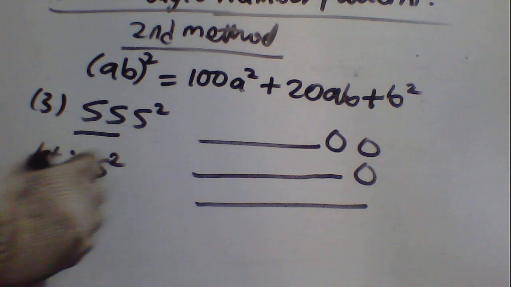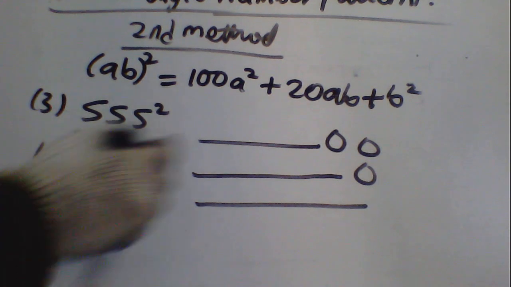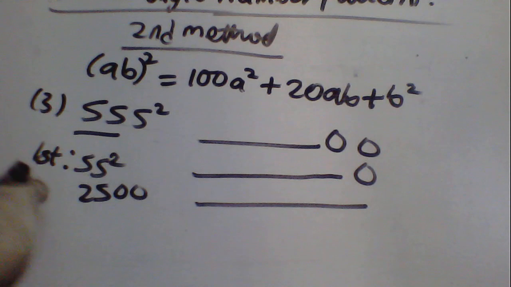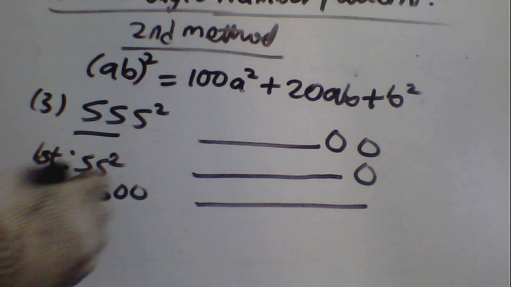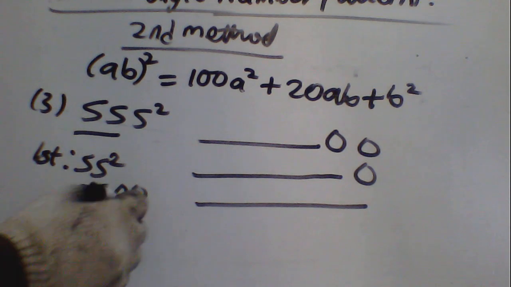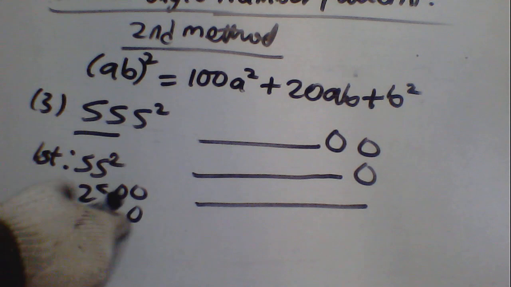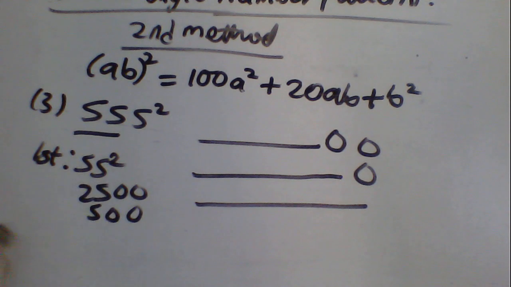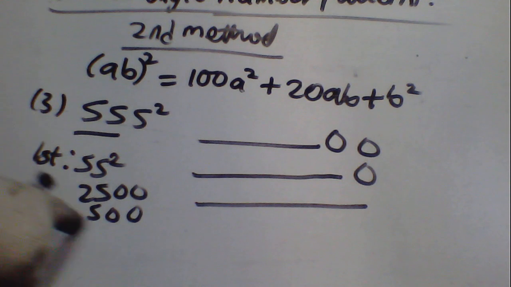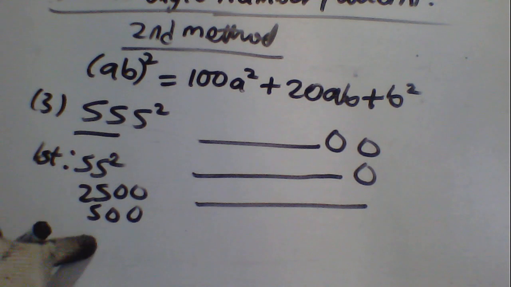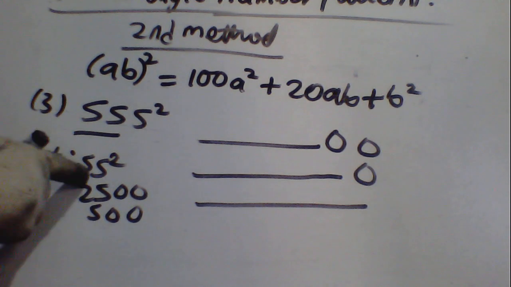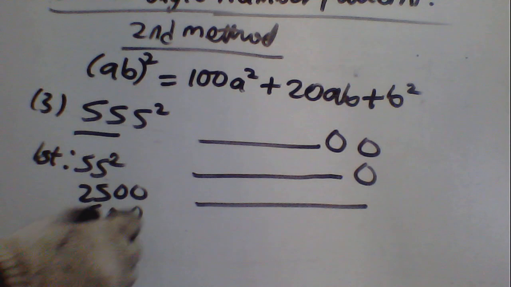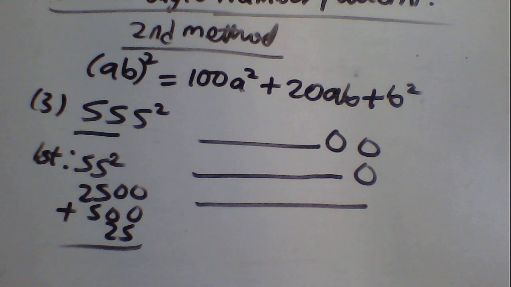Squaring the first one, I have 2500. 5 times 5 is 25. 25 times 20, I write 10, multiply 2 by 25, give us 50, which is 500. Then lastly, square the last one, that gives us 25. I add up, and that gives us 3025.